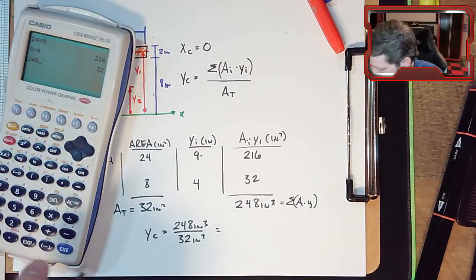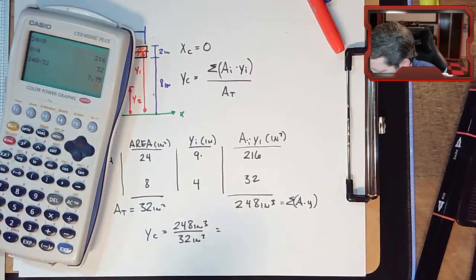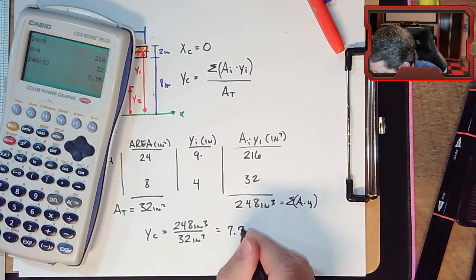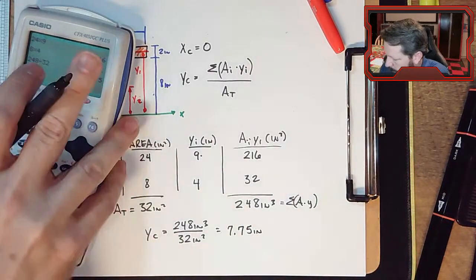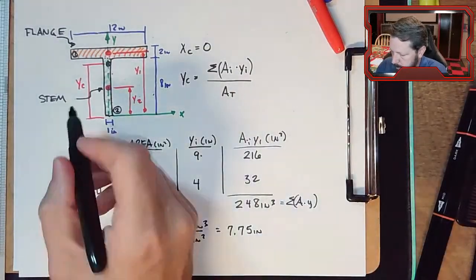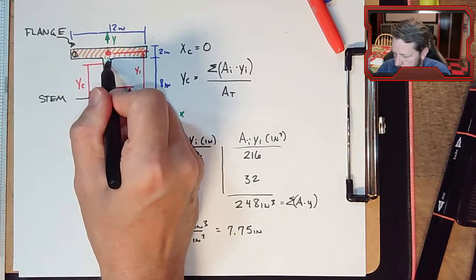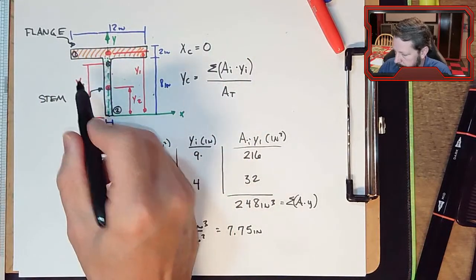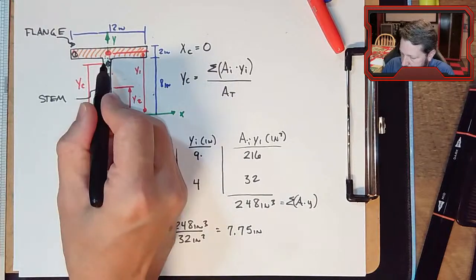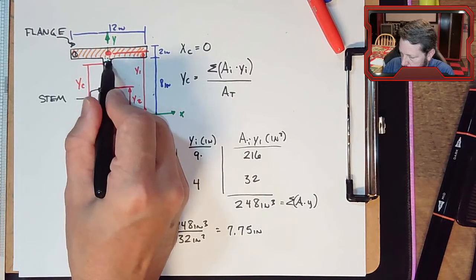So 248 divided by 32 is 7.75. And that tells me that from the same reference, so from the x-axis measured up to the centroid of the whole shape, if I go up 7.75 inches, I've found the centroid of the whole T shape.